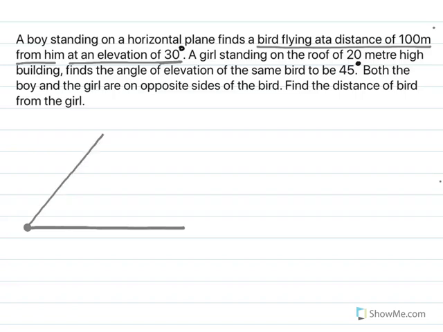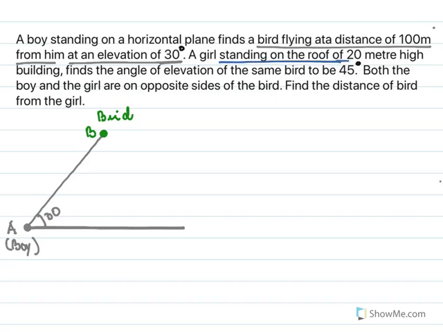This is the angle of elevation, and here is the bird. This point is B and the boy is at A. One part done.